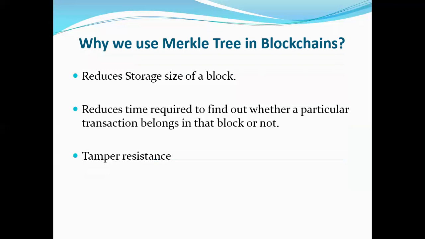The final advantage of including the Merkle root is that whenever anybody tampers with a transaction, it will be noticeable right away, because the entire Merkle root and therefore the entire block hash would change if one single transaction hash changes. So we have seen that Merkle tree is a highly efficient data structure, and most blockchain applications use it to store their data.